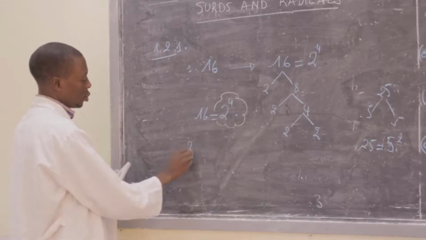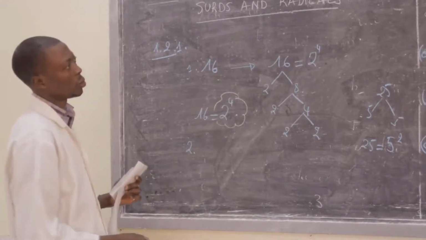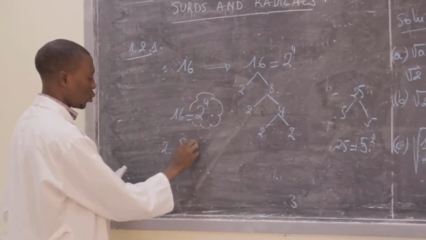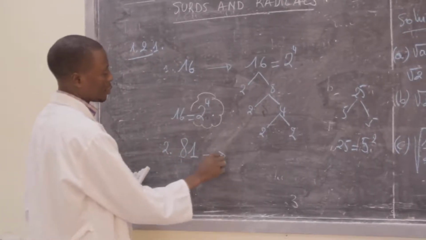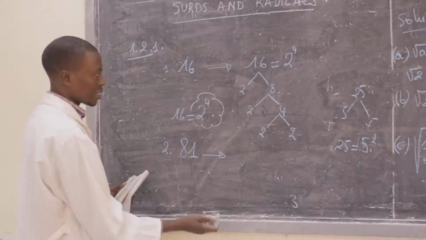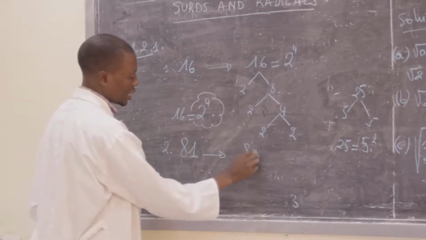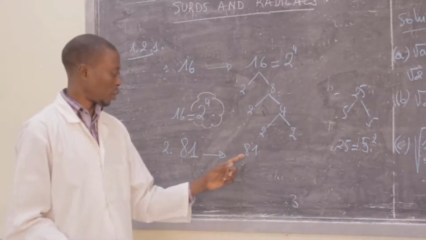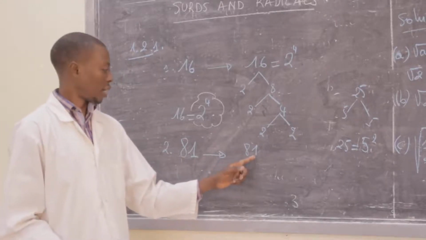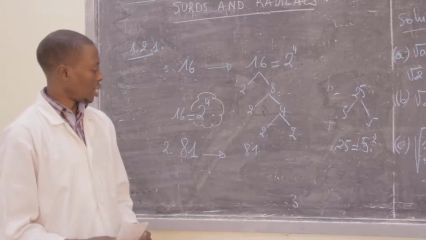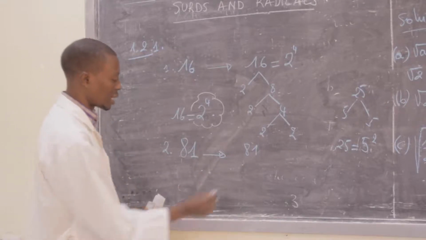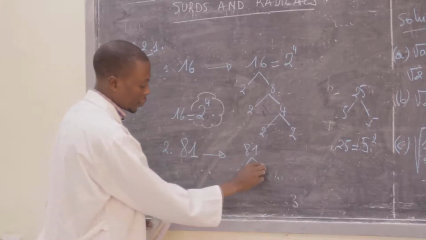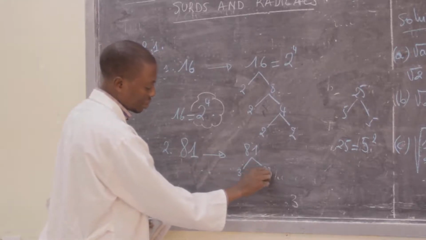Let us do example number 2, where we have 81. As we did before, let us do the same for 81. Remember, you cannot start from 2 because 2 cannot divide 81 and give you a whole number. Let us start using 3. If you put 3, you get 27.